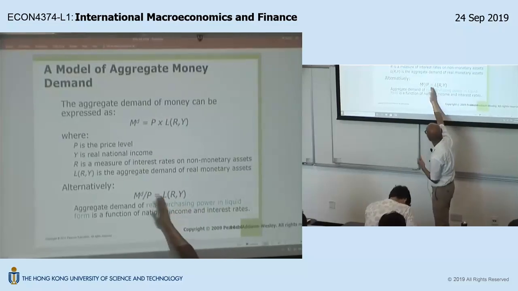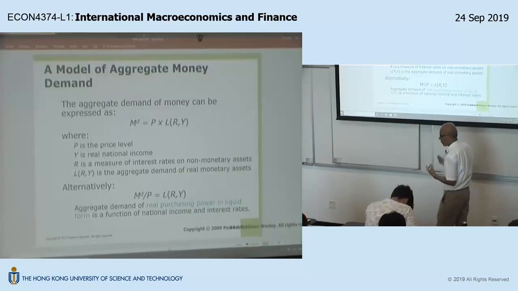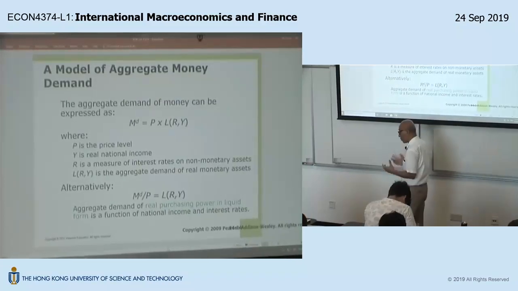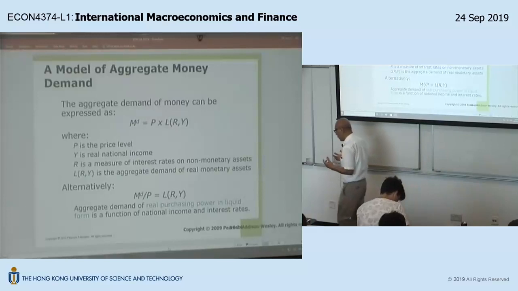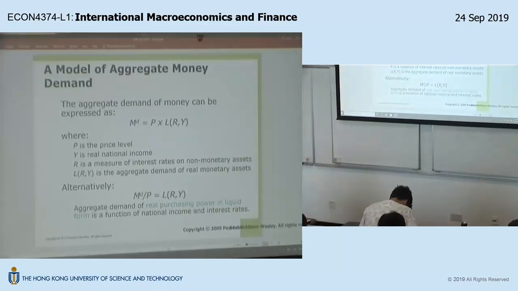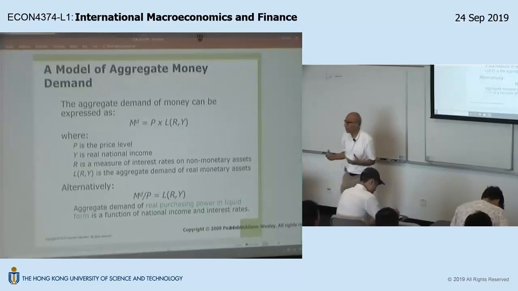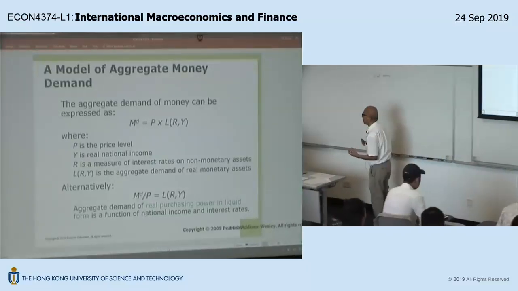We define this MD divided by P as the real purchasing power in liquid form. So when MD over P is higher, it means that there is higher real purchasing power in liquid form.